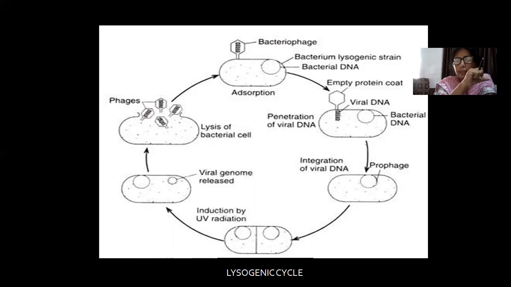As soon as it attaches, the pins make a hole, and through that hole, the viral DNA enters the bacterial cell. As soon as it enters the bacterial cell, the viral DNA attaches to the bacterial DNA, and this process is known as integration of viral DNA, and the stage is known as the prophage stage, where the viral DNA gets attached with the bacterial DNA.